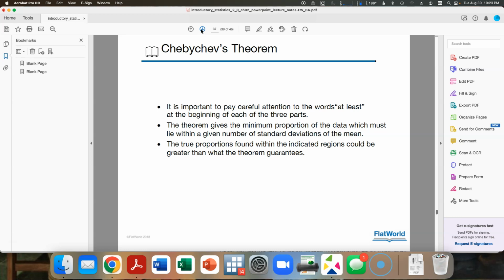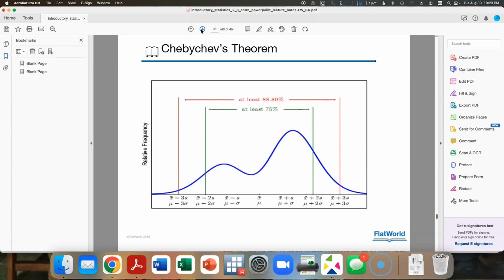The theorem itself really only tells us the minimum amount of data that has to be within those standard deviation ranges from the mean, but it could be greater.